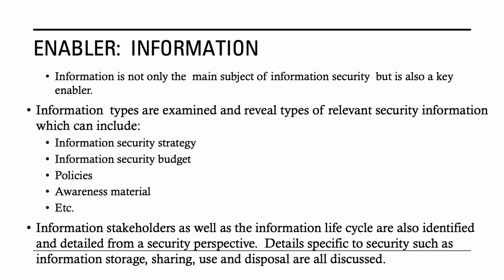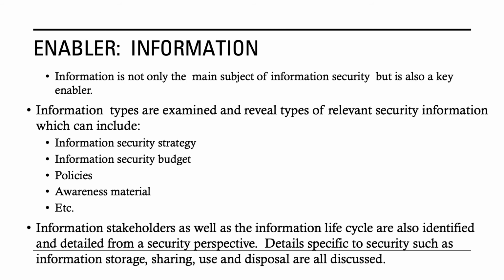So we need to examine and reveal relevant security information, like the strategies, the budget, the policies, definitely awareness material. Again, all things that we've been talking about that are all important components of how Cobit 5 is supporting how information security should be implemented and managed in organizations.